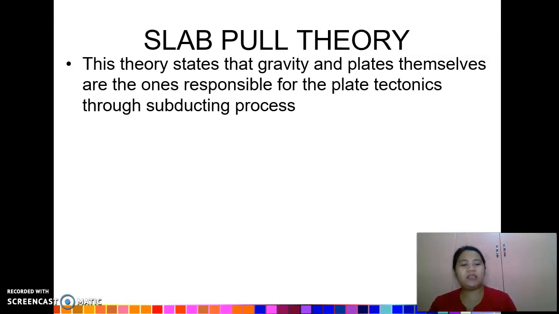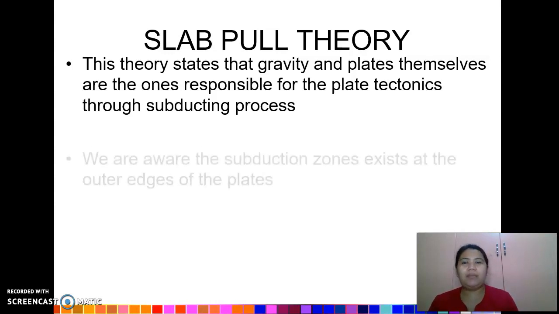So that is being explained by slab pull. Now, the one which is denser, such as in the case of oceanic crust, which is much denser than the continental crust, is the one being pulled or returned back to the Earth's interior and becomes part again of the Earth's interior as magma.